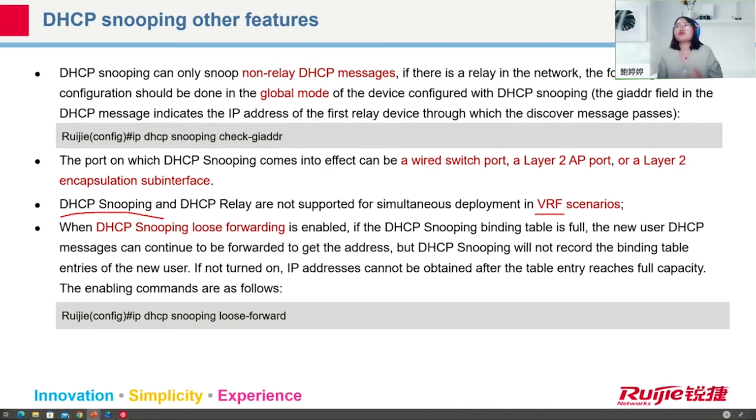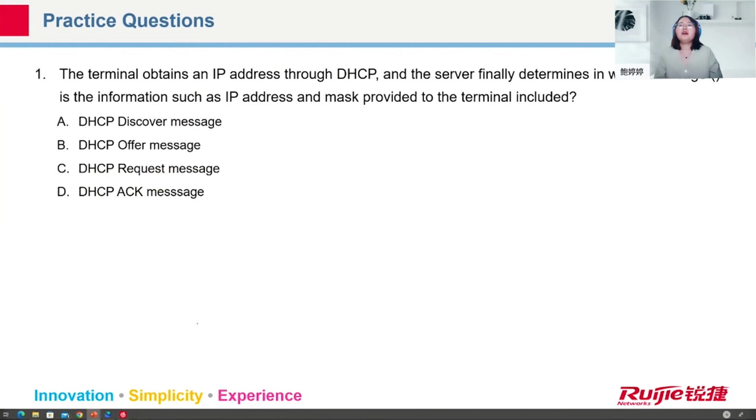I only forward messages that are located in the table. So this function is what we call DHCP snooping loose forwarding. Okay, and the configuration is here: ip dhcp snooping loose-forward. Okay, that's all about the principle and some key commands.